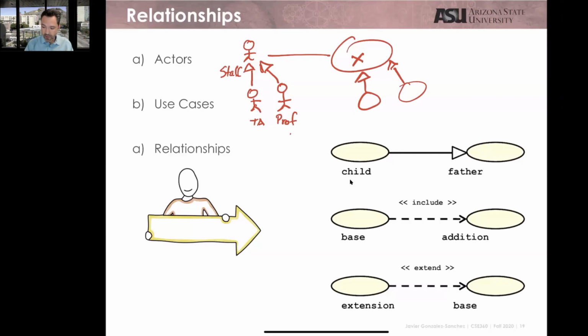Now, can we use inheritance between a use case and an actor, or can we use inheritance between an actor as a parent for a use case? Can we connect those two elements using this arrow with the triangle head? No. Inheritance with actors, yes.